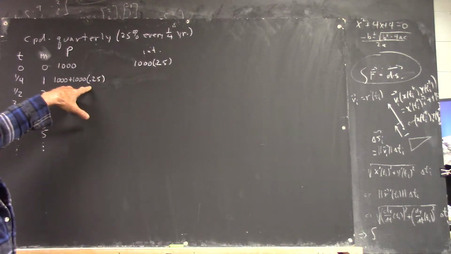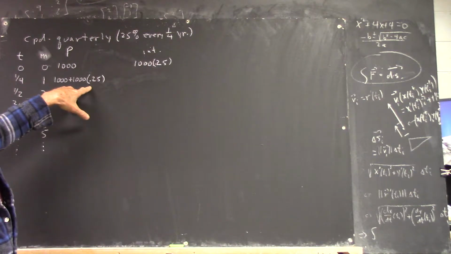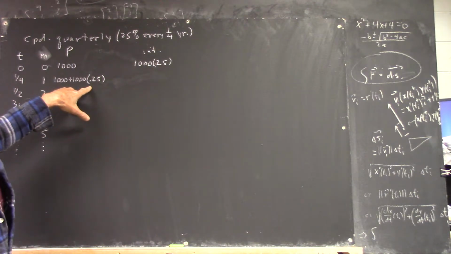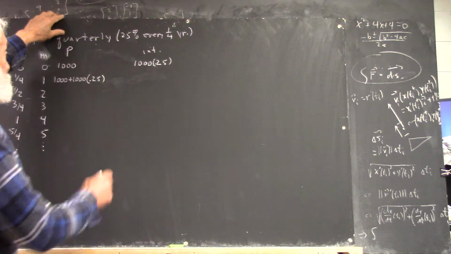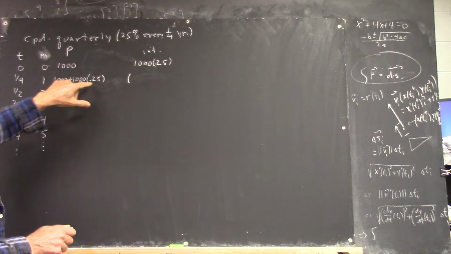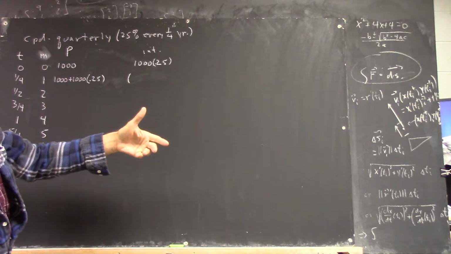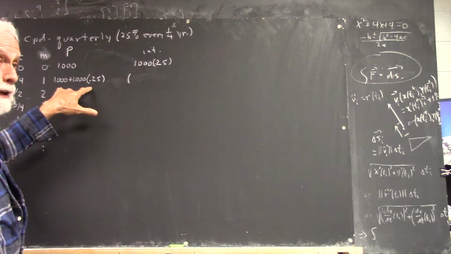You know that's 1250, but pretty soon you're not going to know what the numbers are, because they're going to get complicated, right? So we don't want to write down the numbers. We want to write down the process. And you'll see why in a minute. So the way I want to write this down is, it's this multiplied by 0.25, isn't it? And I'm not going to write this as 1250 because I lose track of where everything came from.